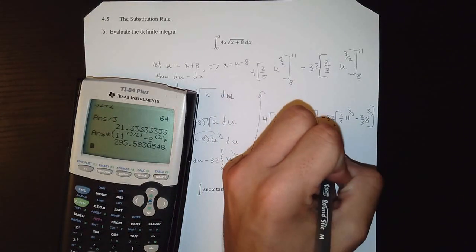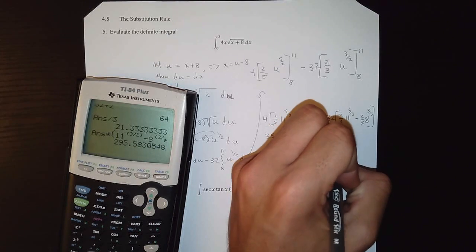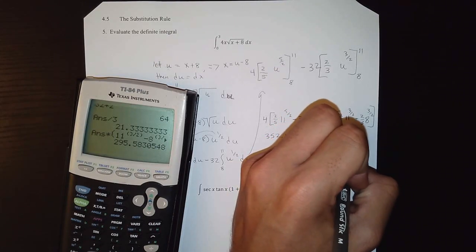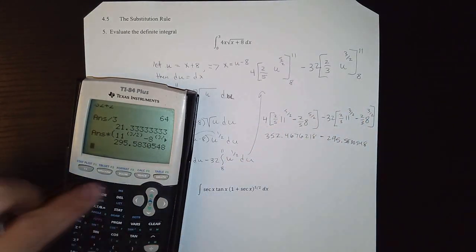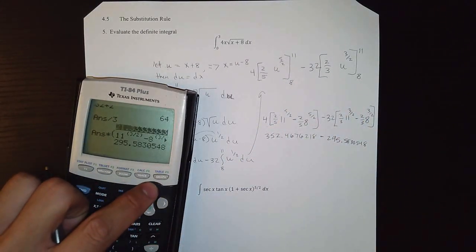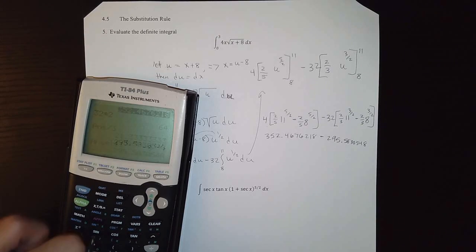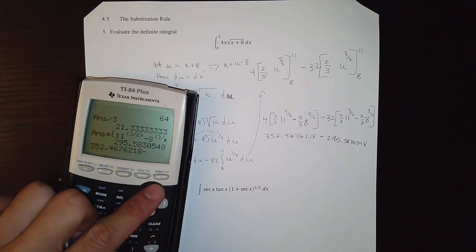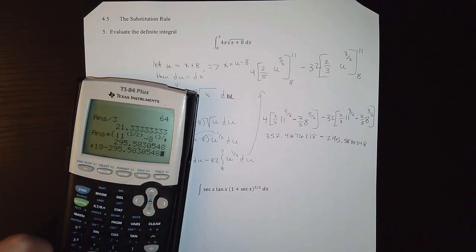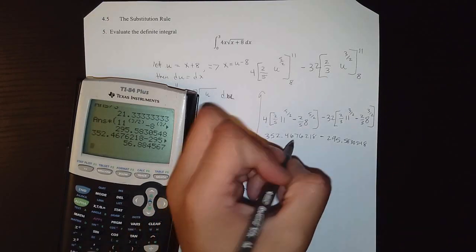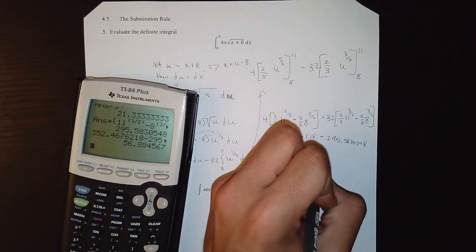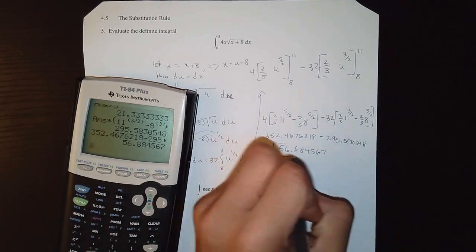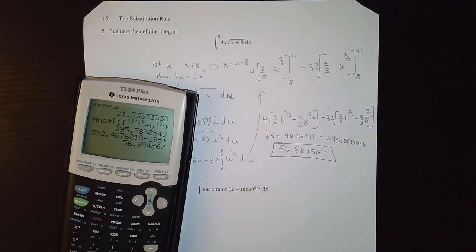And I'm given 295.5830548. And now I just have to subtract. So this number subtracted by the last number equals 56.884567. And so this would be our final answer.